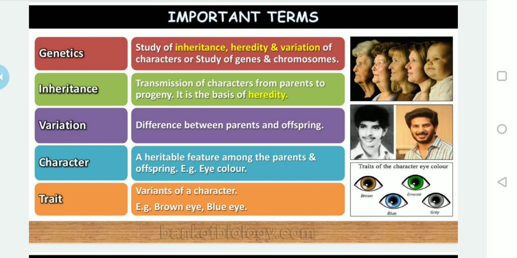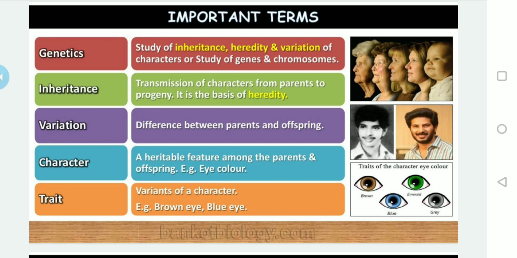Or in general, we can also say genetics is a branch of science which deals with the study of genes and chromosomes. In this definition, there are three terminologies: inheritance, heredity, and variation.